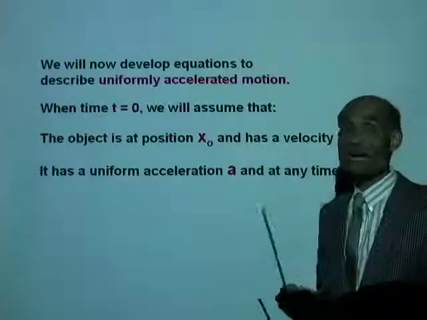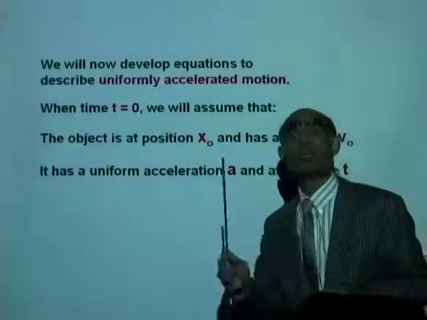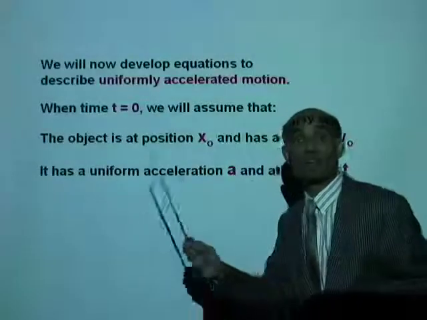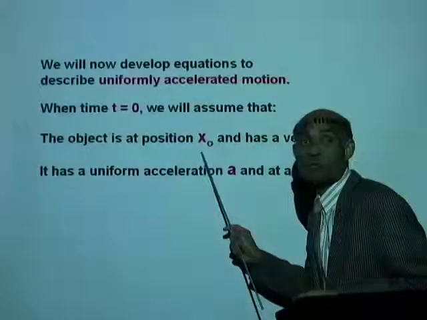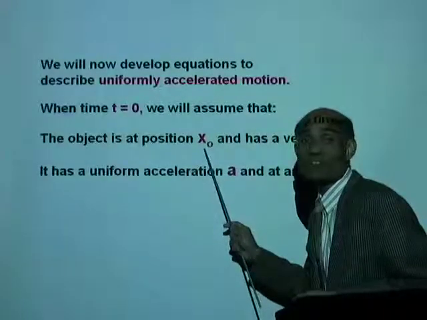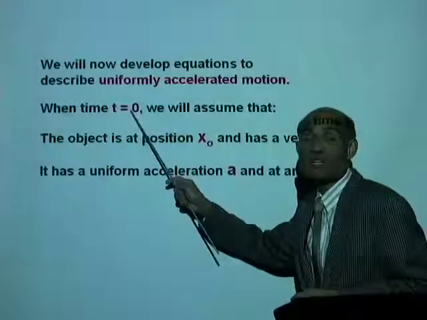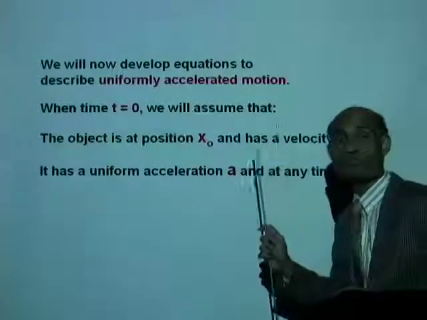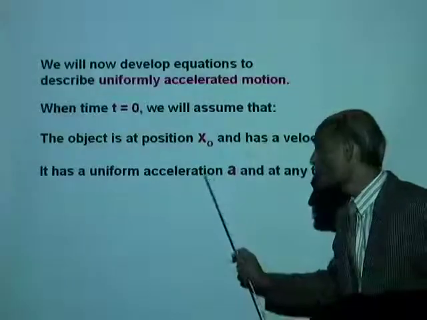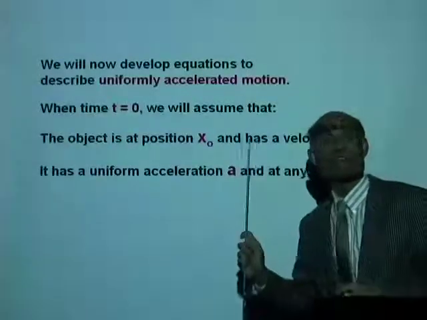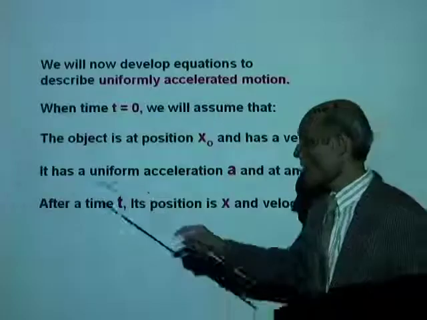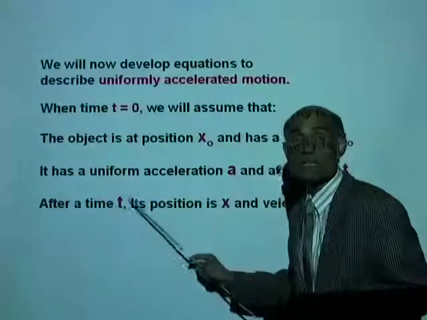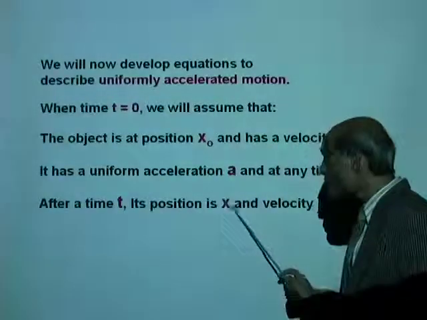So once again, we're going to look at a particle moving which is at the position x equal to x0 when t equal to 0, and at that time it has a velocity v0 and has a uniform acceleration a. After a time t, the position is x.